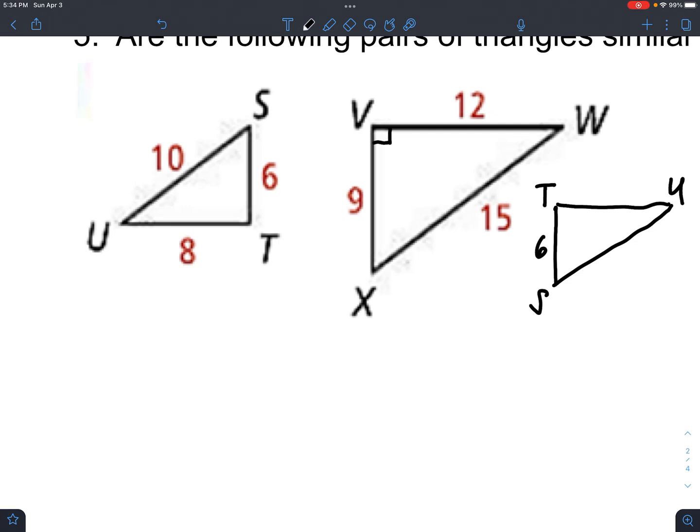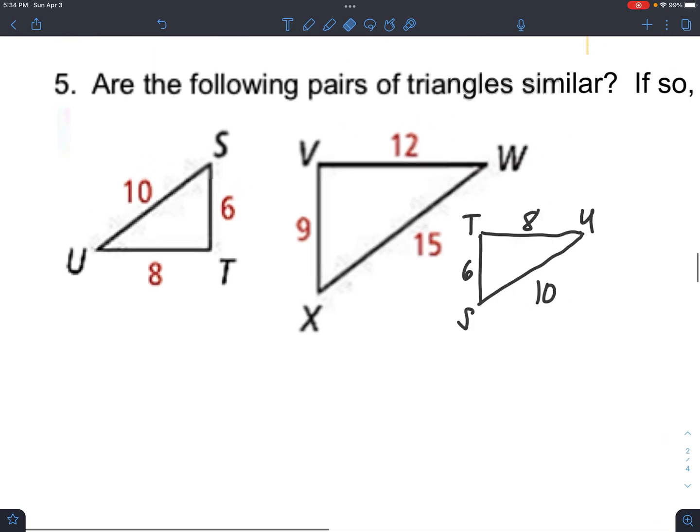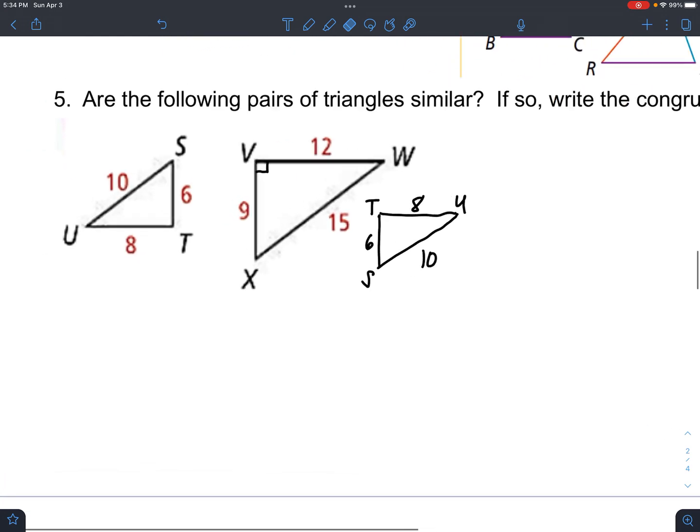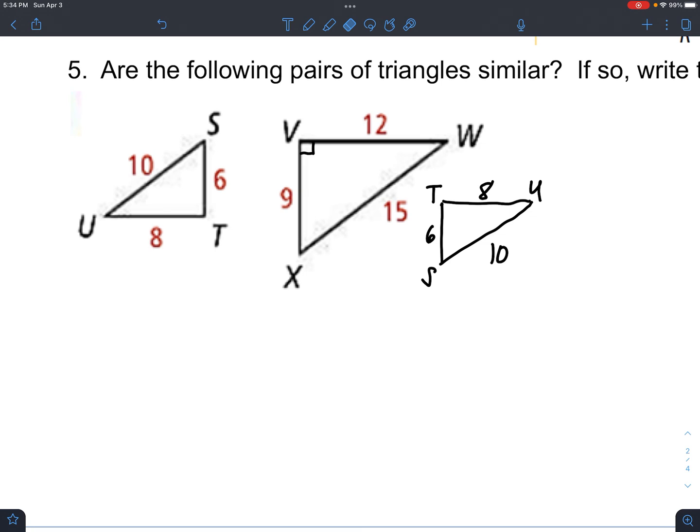Okay? And then this is 6, this one's 8, and this one's 10, because I'm just looking between two vertices. And I know that 8 is between U and T. So this helps me a ton, because now I know what sides match.